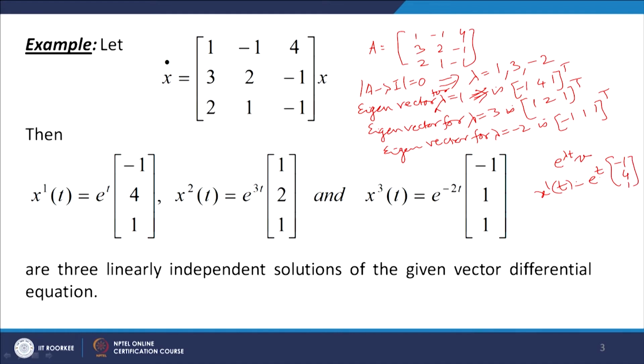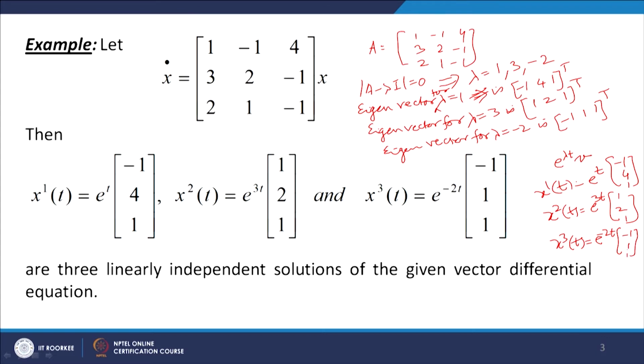This is one solution. The other solutions correspond to the other eigenvalues: x2(t) equal to e to the power 3t into (1, 2, 1), and x3(t) equal to e to the power -2t into (-1, 1, 1).